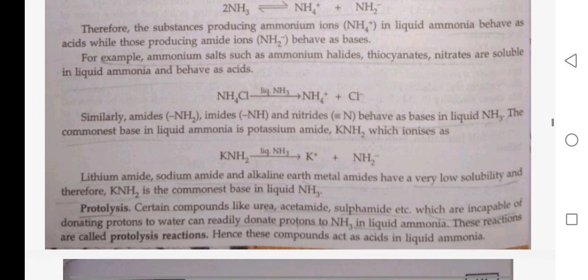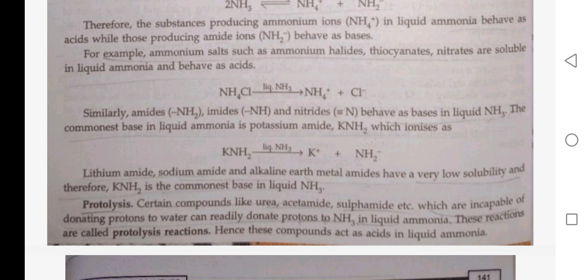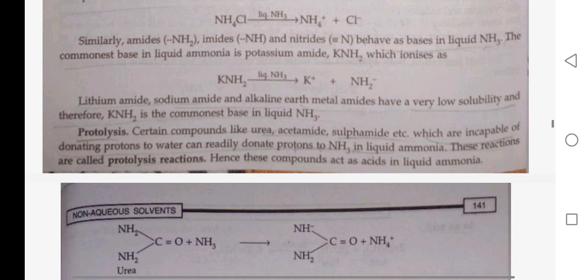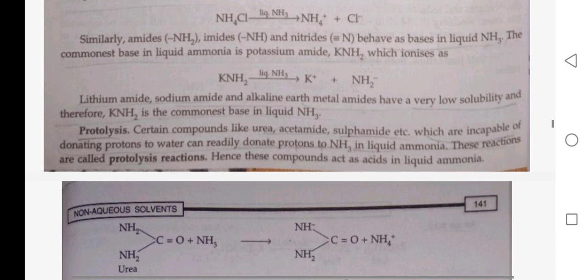Similarly, amides, imides, and nitrides behave as bases in liquid NH3. The strongest base in liquid ammonia is potassium amide, KNH2, while lithium amide, sodium amide, and alkaline earth metal amides have very low solubility, and therefore KNH2 is the strongest base in liquid NH3. Protolysis: compounds like urea, acetic acid, sulfides, etc., which are incapable of donating protons to water, can readily donate protons to NH3 in liquid ammonia.